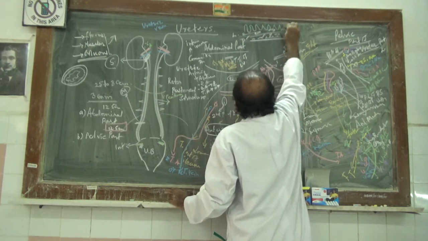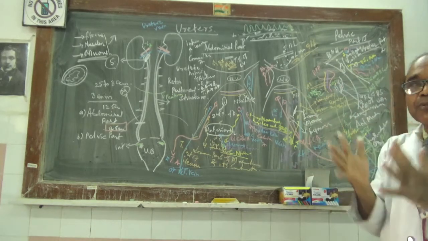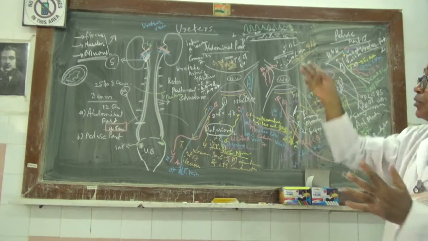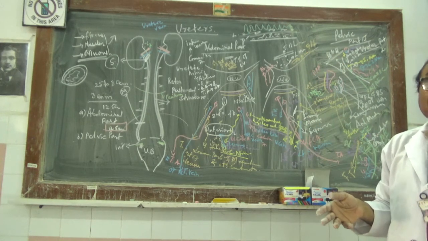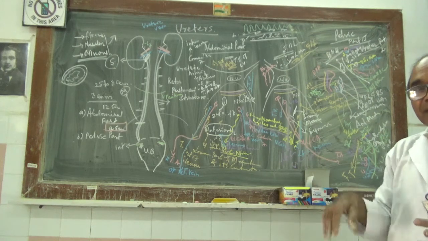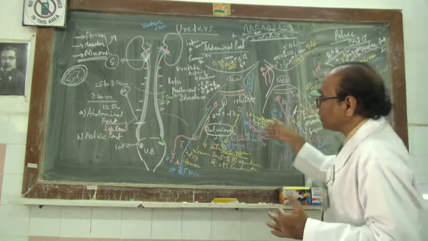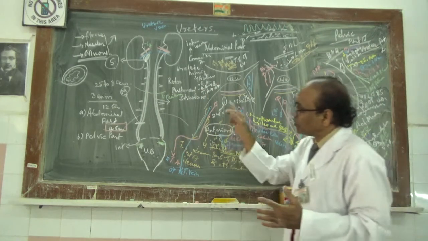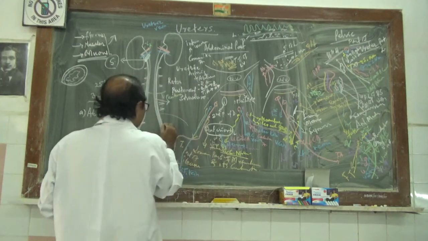The mucosal coat of the ureter is completely thrown into folds. In these folds you have columnar type of epithelial cells and then polygonal cells. At the terminal part of the ureter, where it enters the urinary bladder, you have the transitional type of epithelium.